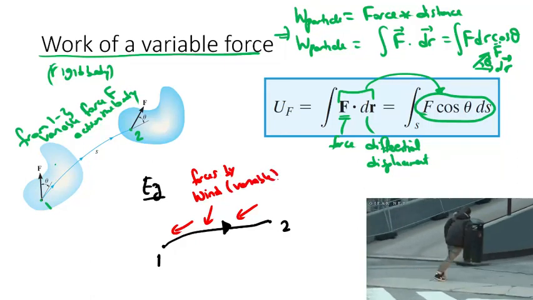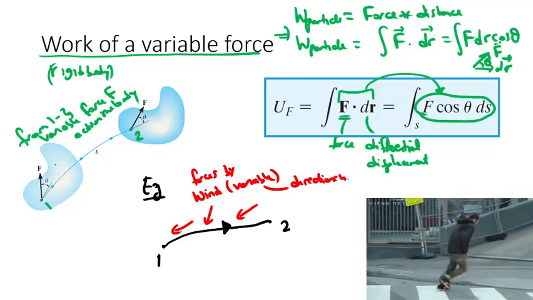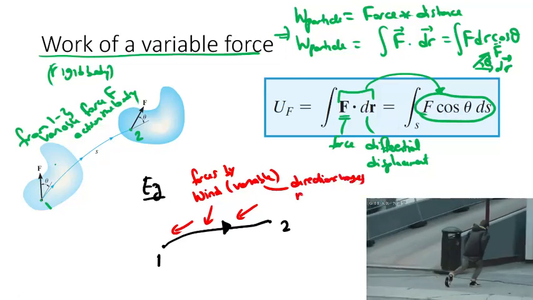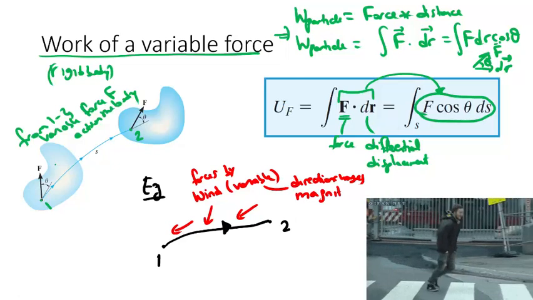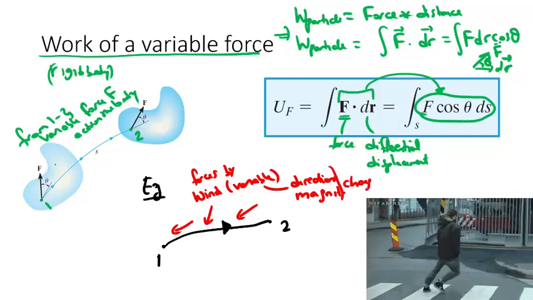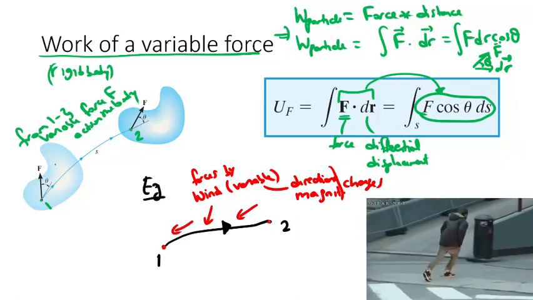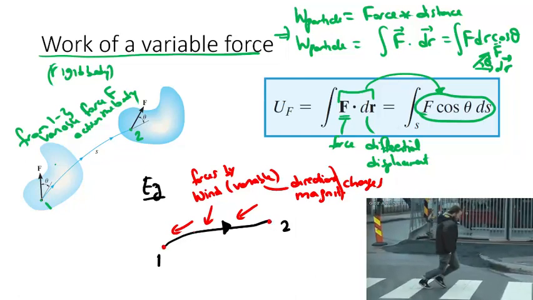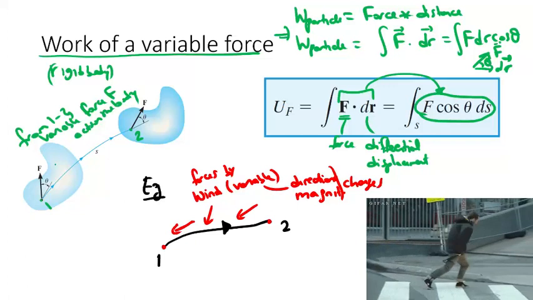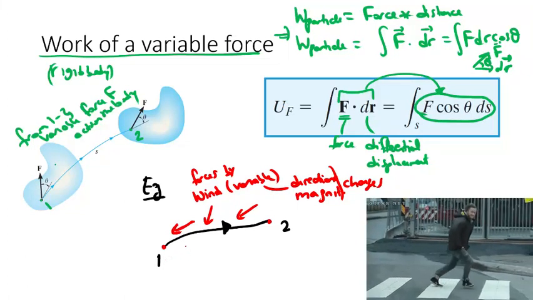You can see why it is variable, because the direction changes and the magnitude changes. Direction and magnitude both change. When you move from point 1 to point 2, you have a change in direction and a change in magnitude, but you do work against the wind.